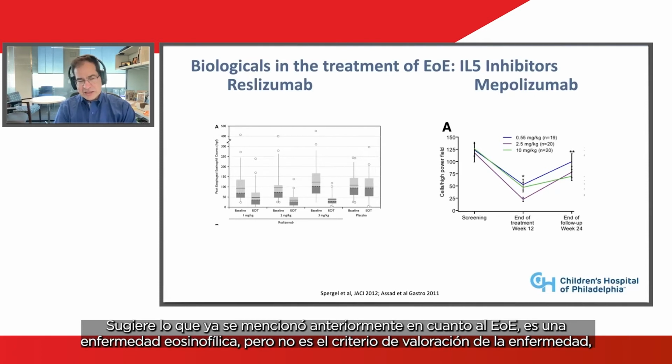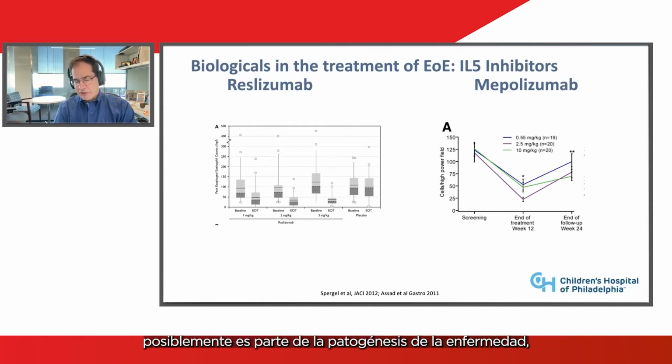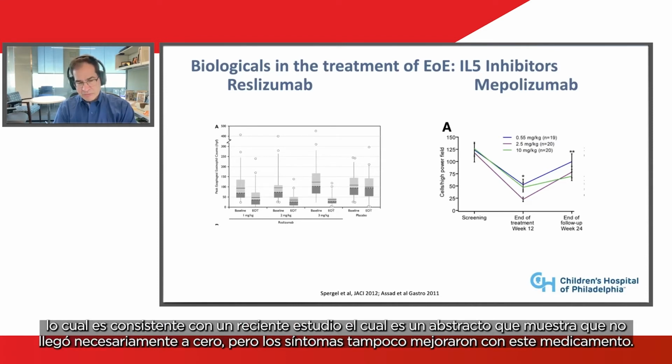That really suggested what we talked about earlier in the pathway, that EOE, even though it's an eosinophil-named disease, eosinophils are probably not the endpoint of the disease. They're probably just part of the pathogenesis. If you just block eosinophils, it's probably not enough, which is consistent with a recent study on the cyclic 8, which has been out only in abstract, which showed they really knocked eosinophils down to 0, but symptoms did not improve as well.